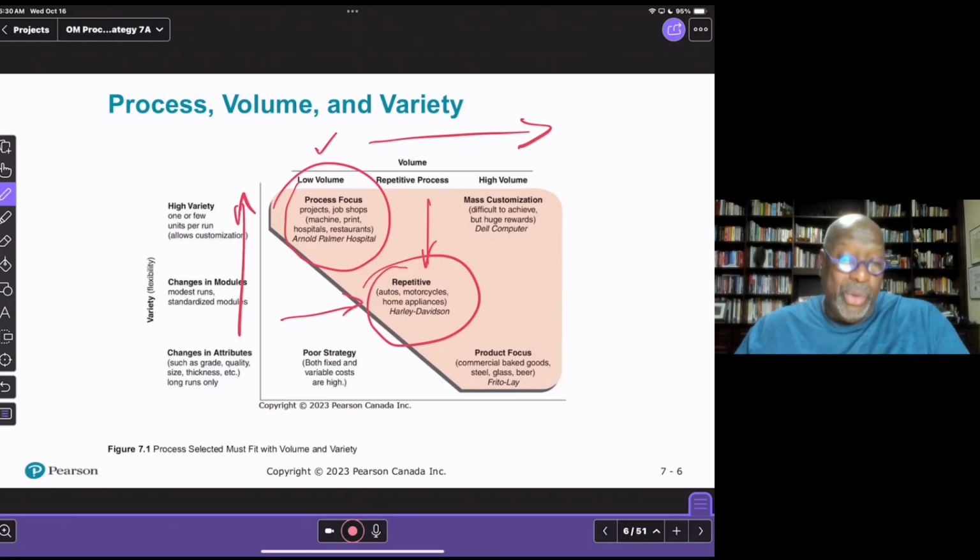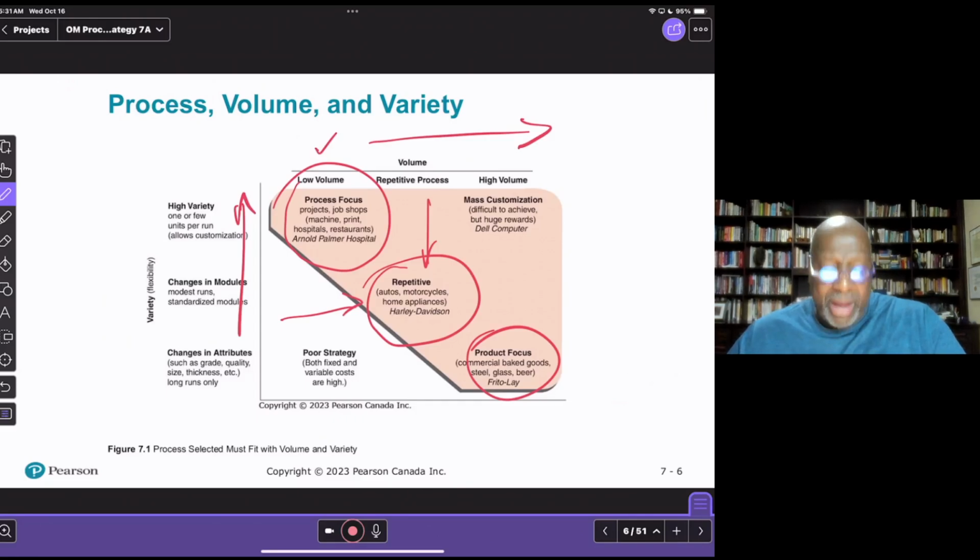So what you're noticing is that there's a compromise between volume and flexibility, or volume and variety. So we move to the center, we have moderate volume, moderate variety. And as we come here, this is what we call the product focus kind of manufacturing, where you're producing an item in really large quantities, and your number of styles don't vary that much.